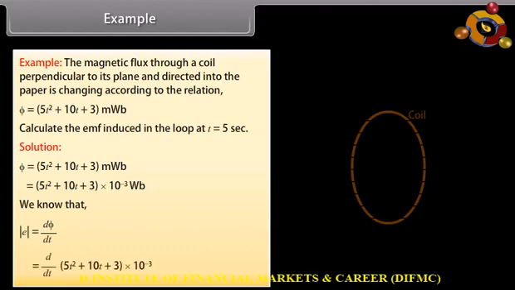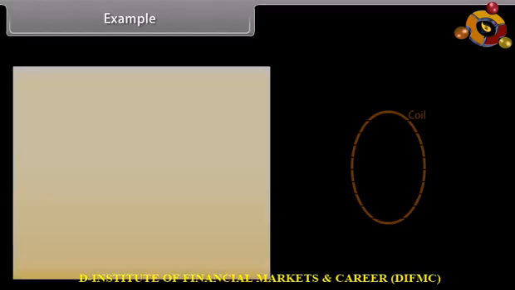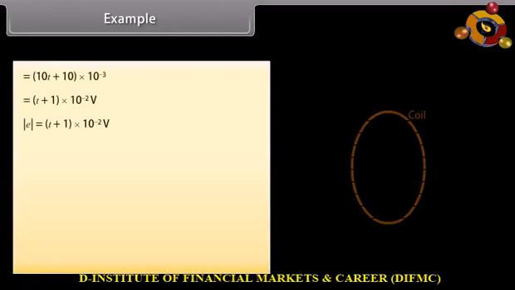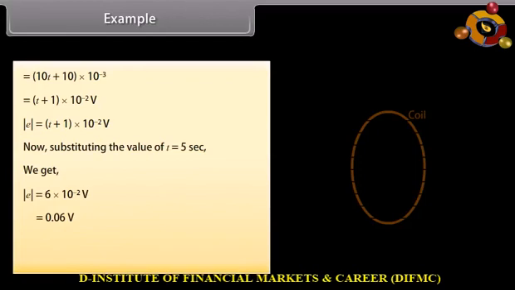By putting the values in this equation we get E = (t + 1) × 10^-2 volt. Now, substituting the value of t as 5 seconds, we get E as 0.06 volt. Hence, the EMF induced in the loop at t = 5 seconds is 0.06 volt.